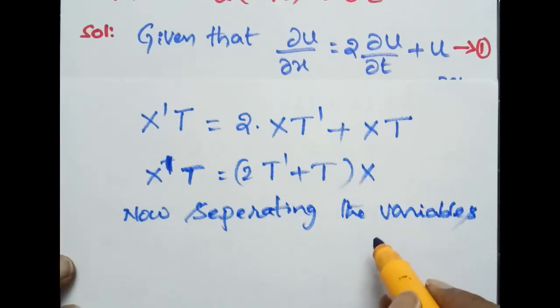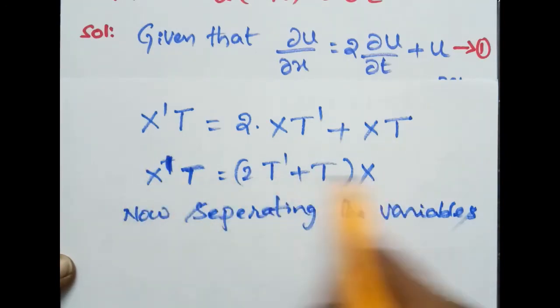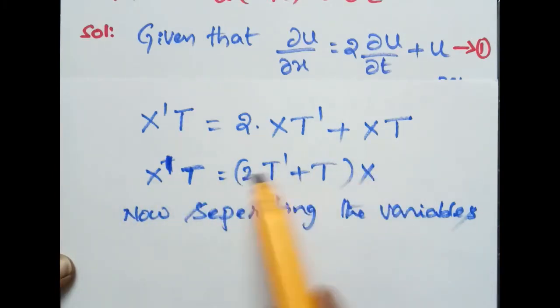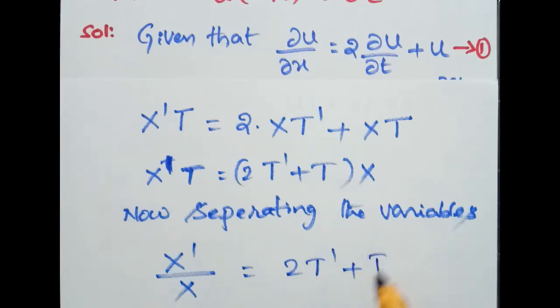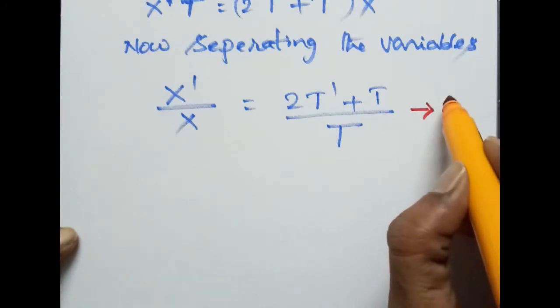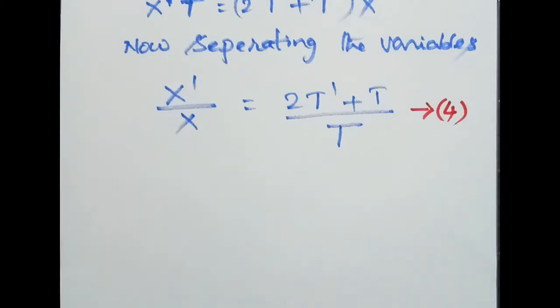Here x and t, two variables we are observing. So separating the x variables on one side and the other variable t on the other side. Therefore this can be written as X dash by X, by cross multiplication, equal to 2 times T dash plus T, by T. Say this is equation number, we already used 3, so now equation number 4.